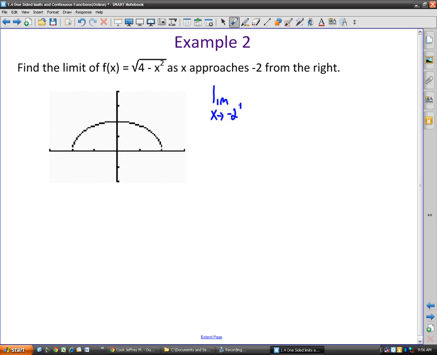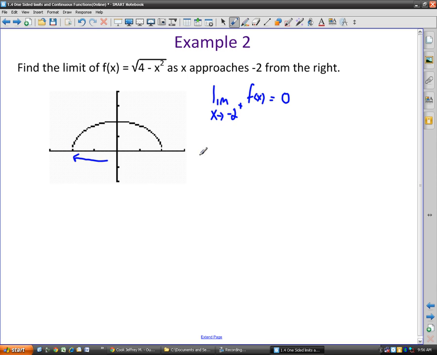We use this little plus to represent the right-hand side. I'm looking at my x values as I move across, and what I'm trying to find is what my y values are approaching as I approach -2 from the right. For my function f of x, the square root of 4 minus x squared, I get 0, because you can see my y values are falling ever closer to 0.